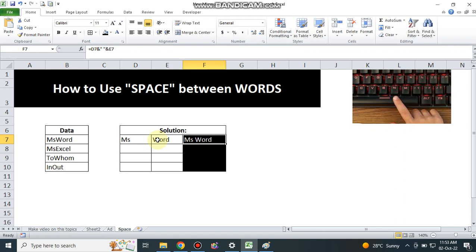This is the formula. I copy it and paste, paste, paste.